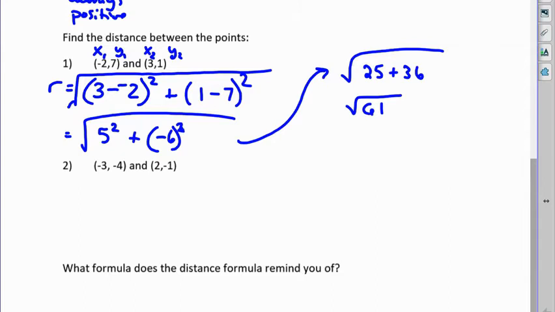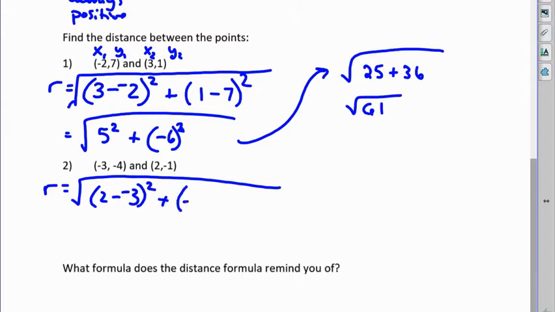Now you try the next problem. And I'll write out the work as well. Five squared.